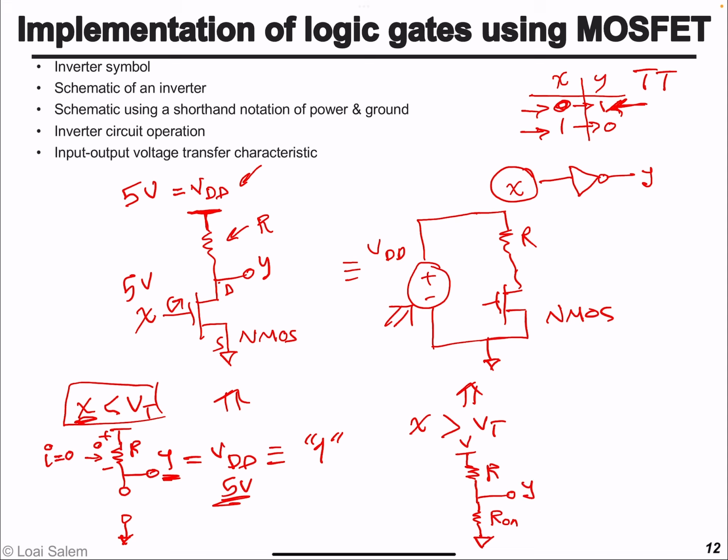So basically the output, let's write the expression for it. So Y, from the voltage divider, we have 2 resistors. The input voltage is the supply voltage VDD. The output essentially will be VDD multiplied by R on divided over the sum of R and R on.